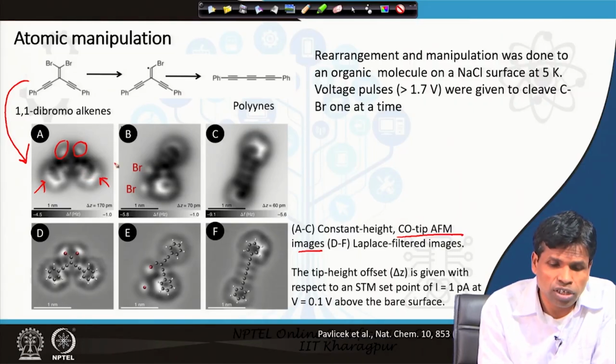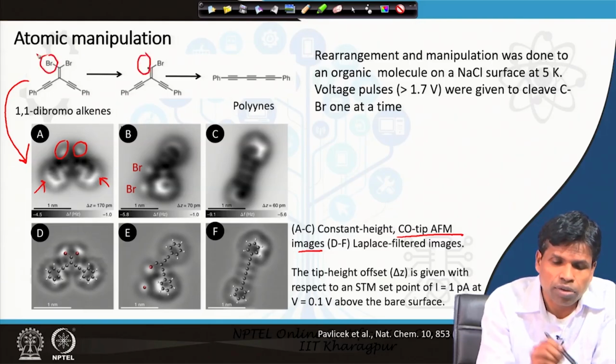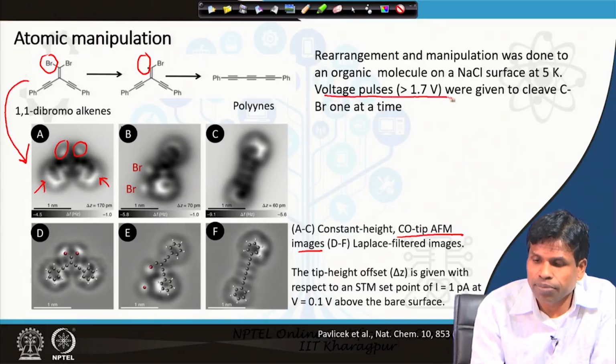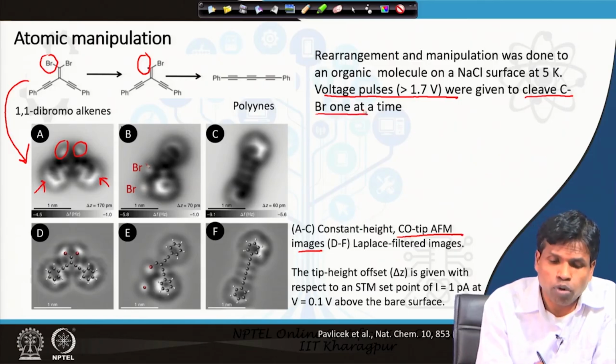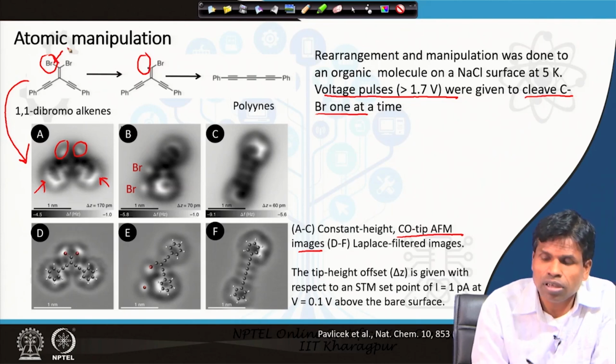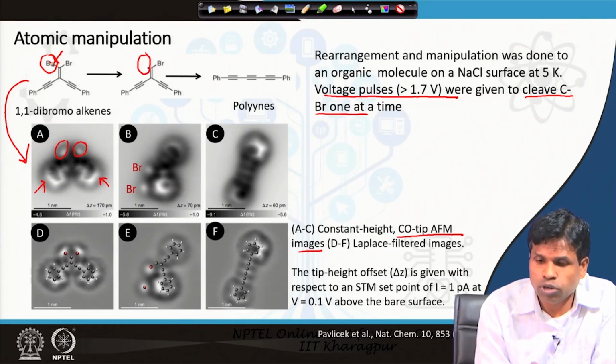Now, when the tip is brought close to a particular bond, here it was brought close to this bond, a voltage pulse greater than 1.7 volt is given to cleave the carbon-bromine bond one at a time. A pulse voltage is given at this place to break the carbon-bromine bond.